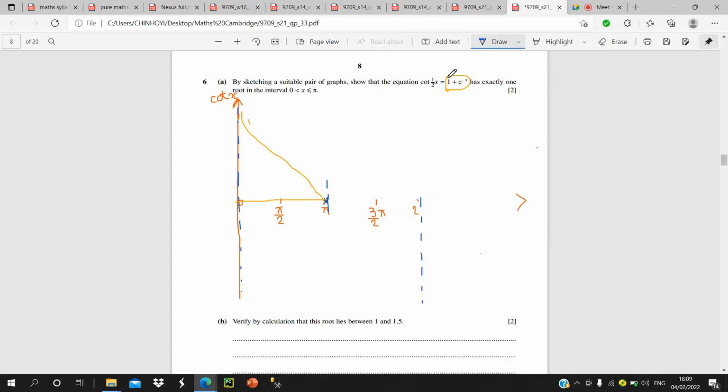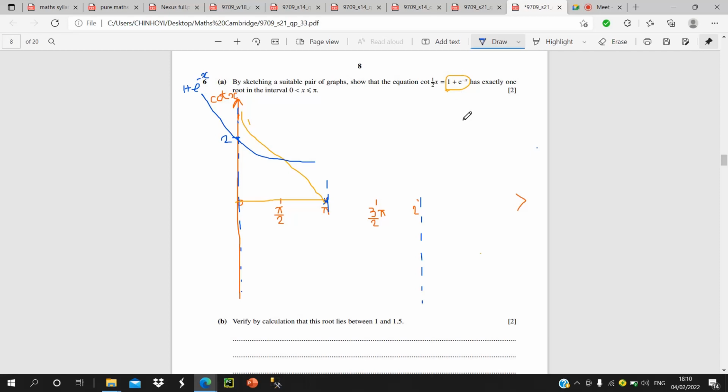So if we say 1 plus 1, it will cut at 2. This one will be the graph of 1 plus e to the power of minus x, right? Yes. So it will be like this one, but it will be cutting at 2 because of this 1 plus 1.